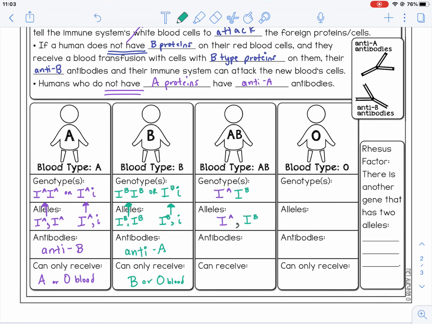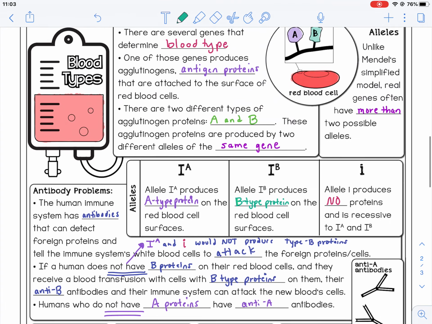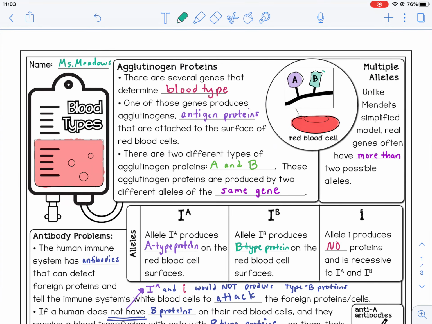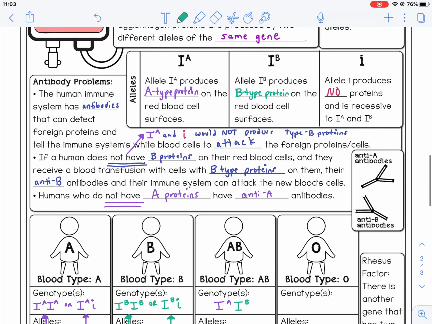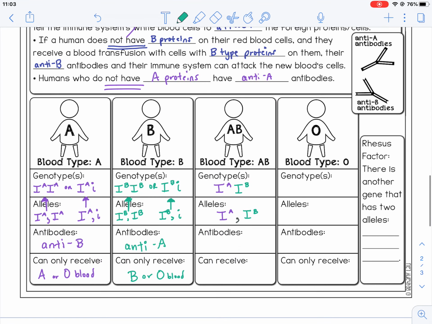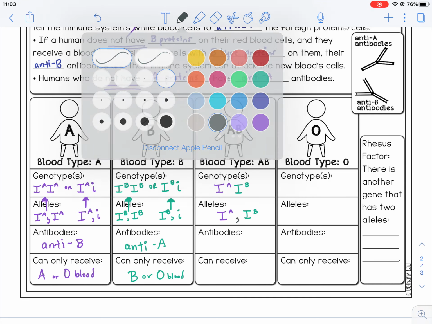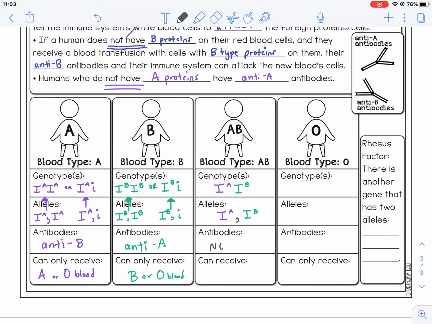Now, let's think about this. A person that's AB has both of these proteins on the surface of their red blood cell. They have an A protein and they have a B protein. So, they're not going to have any antibodies.